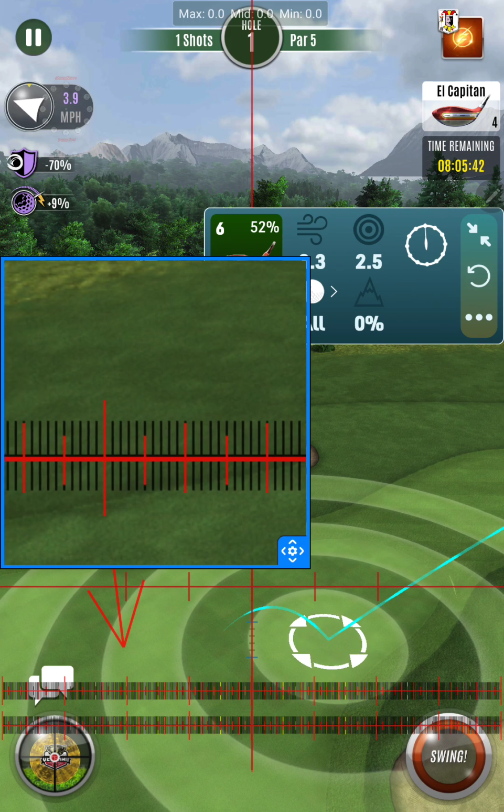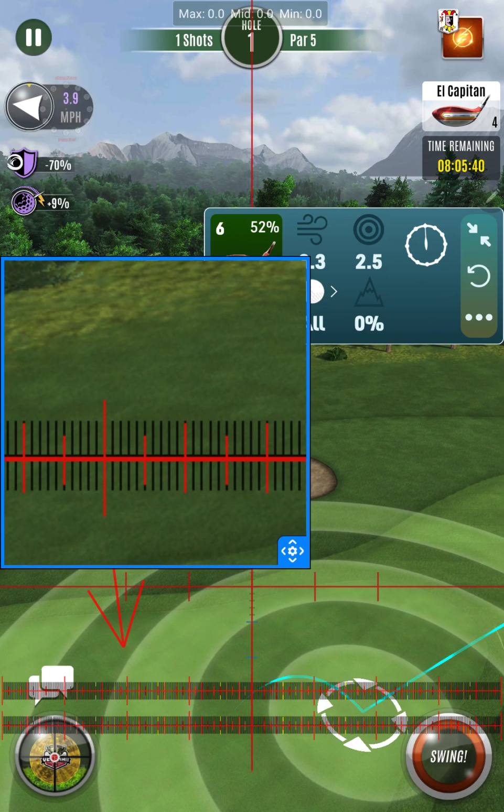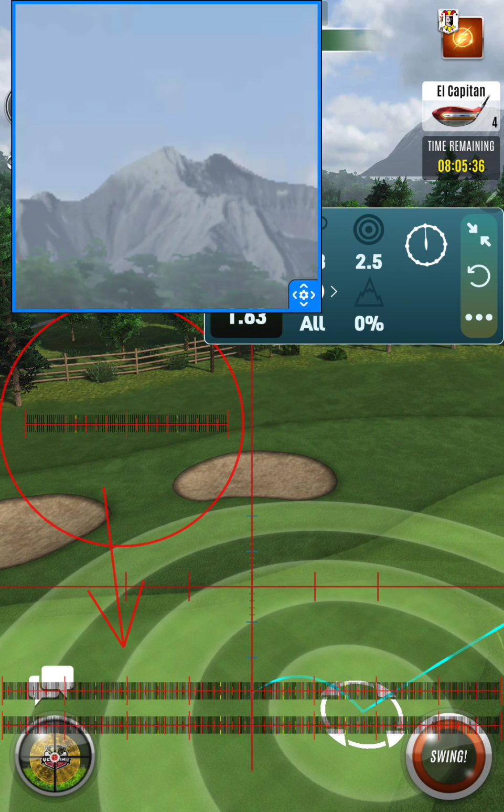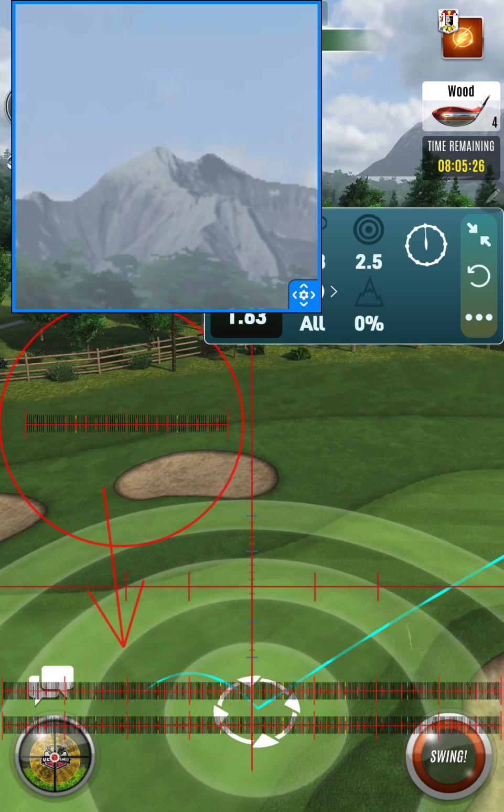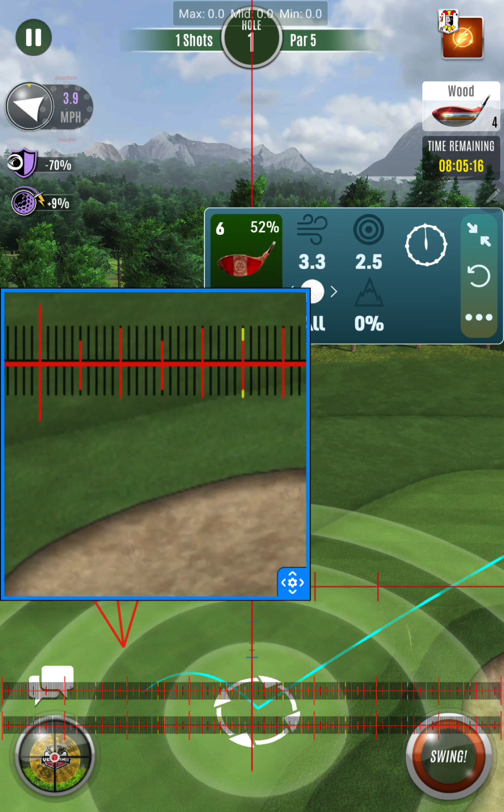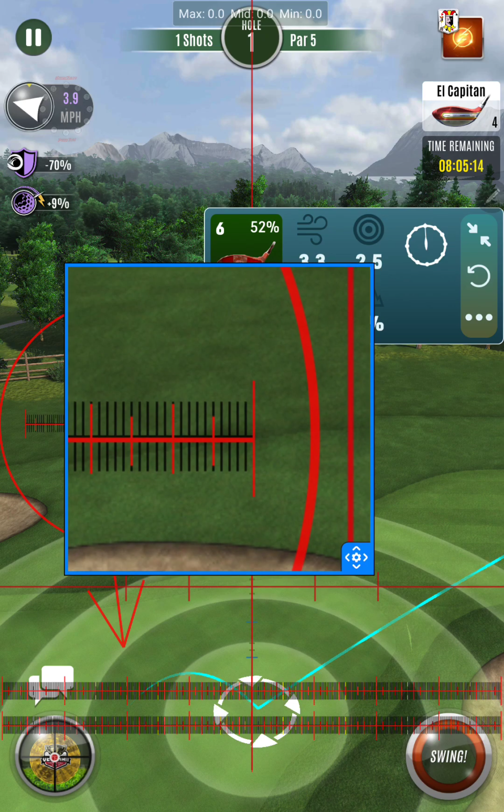That's all it is. Each one of these lines represents 10. I break it down, alright? This has a 1, 2, 3, 4, 5, 6, 7, 8, 9, 10. This scale right here is 10 units in total. Each one of those lines is 1%.